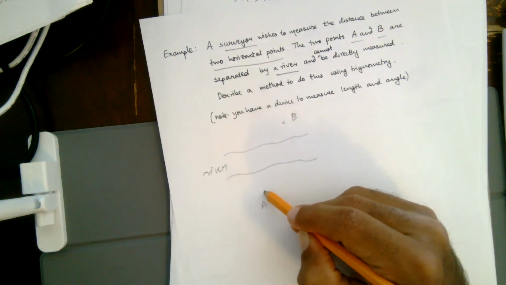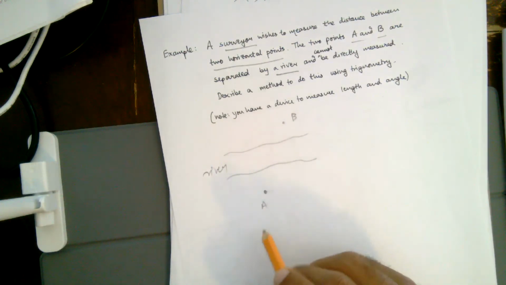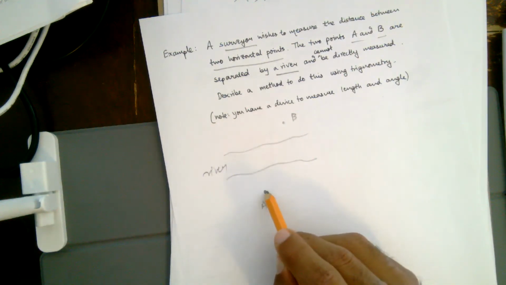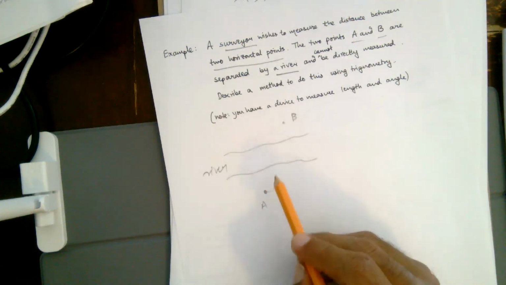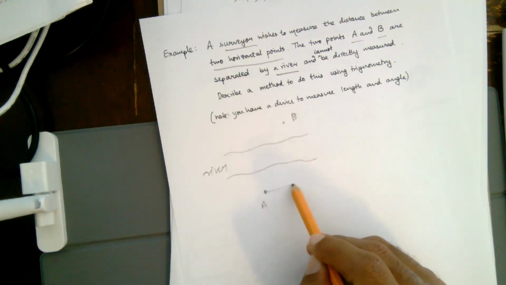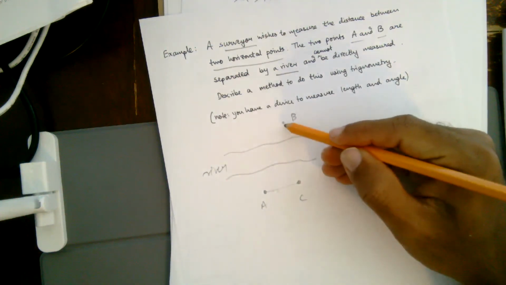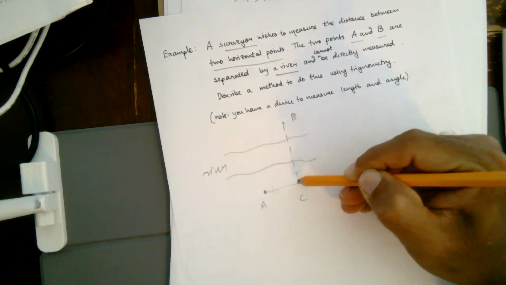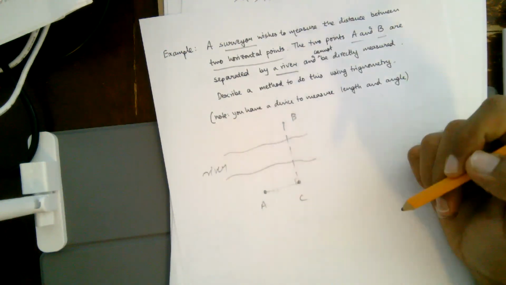I'm going to start at A and walk to the right with a device with which I can measure angle. I walk until I reach this point C, from where when I look at B, the angle is 90 degrees. I put a stake on the ground there.